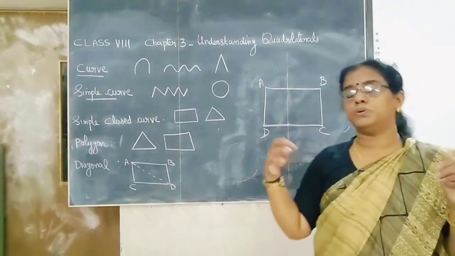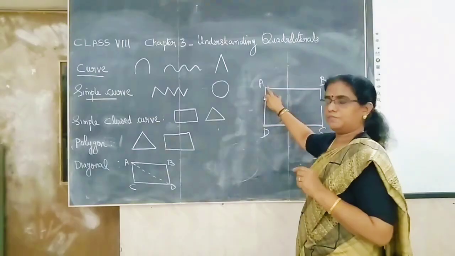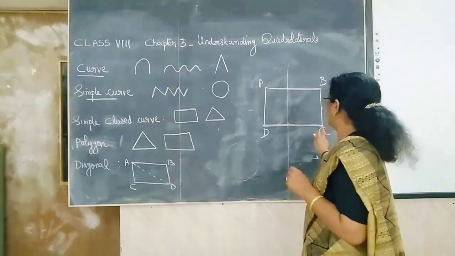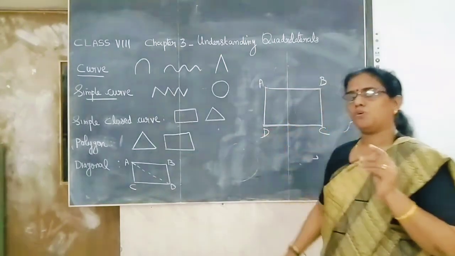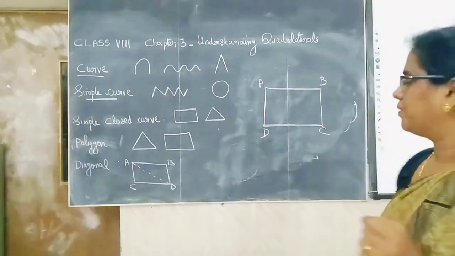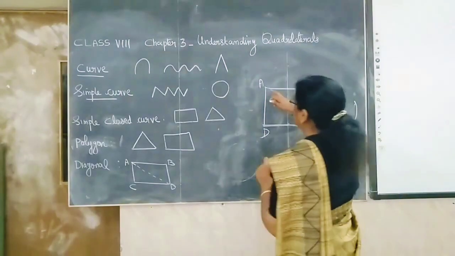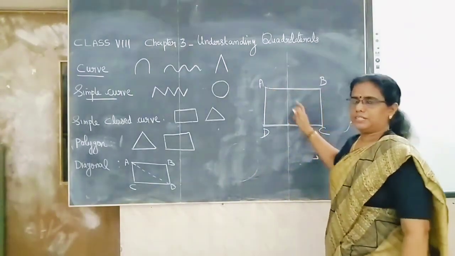Vertices is the plural of vertex. So A is the first vertex, then B, C, D. These are the 4 corner points, and these are called the vertices. And diagonals we can draw by connecting two non-consecutive vertices.